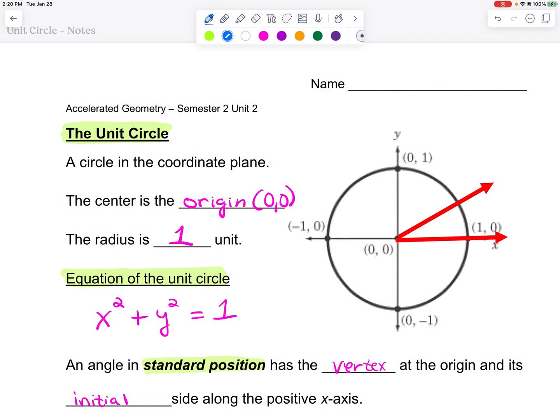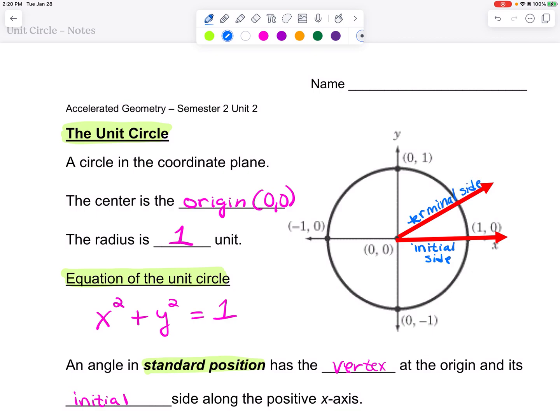That's this. Here's your initial side. That's the ray that starts our angle. And where it ends is called the terminal side.